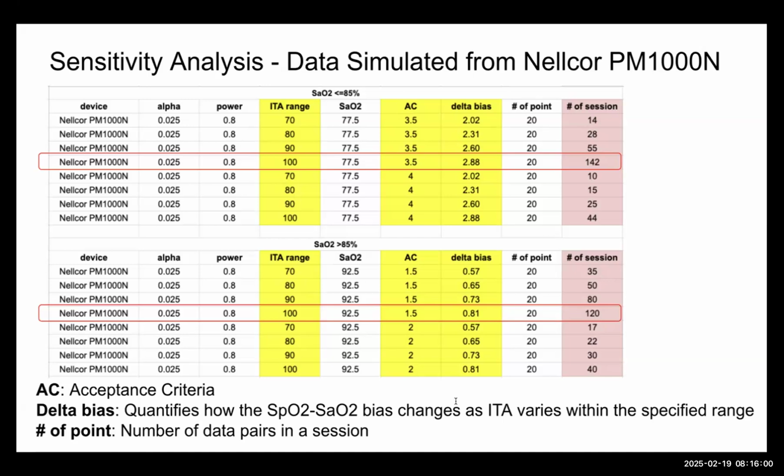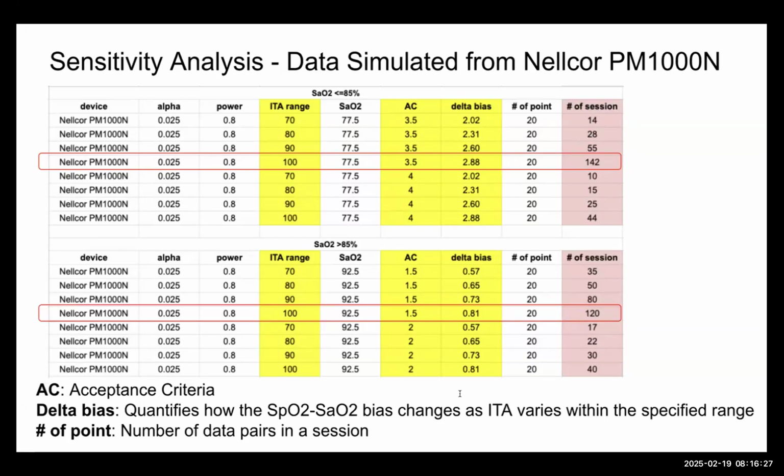The red rectangles outlined here show the requirement recommended by the FDA. So for SaO2 less than 85%, to achieve 80% power, and for an ITA range of 100, 142 subjects are needed. And for SaO2 greater than 85%, 120 subjects are needed.